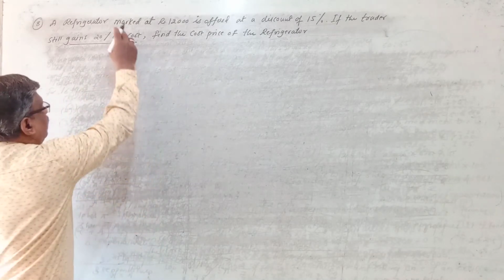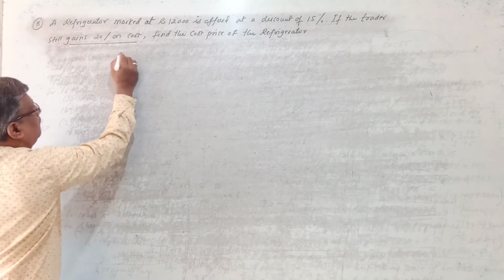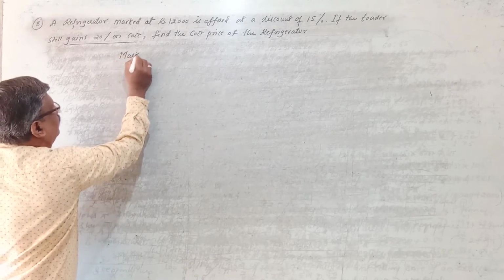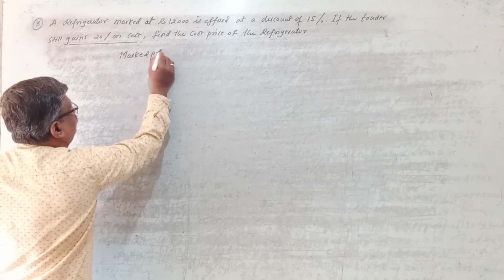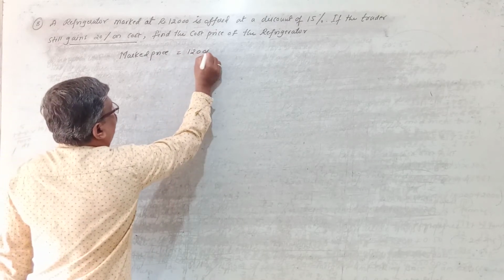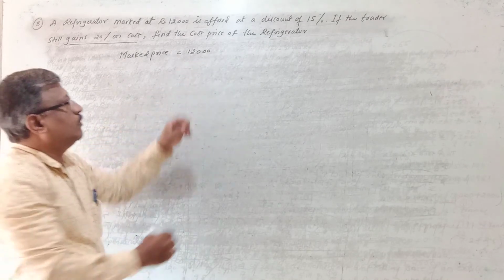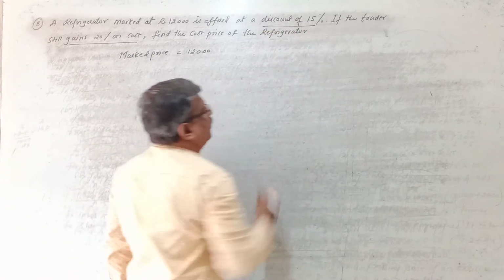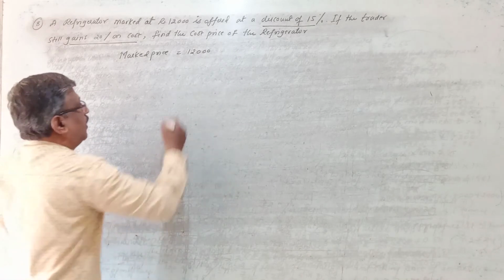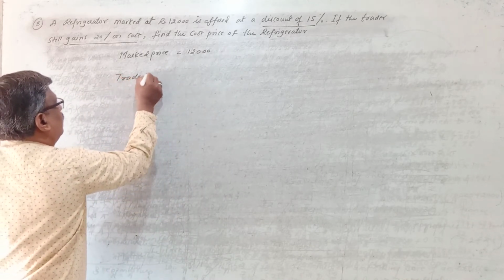So here they have given the mark price. What is the mark price here? The mark price given is 12,000. On this mark price, how much discount are they giving? 15% discount they are giving. So calculate the discount. That is called the trade discount.